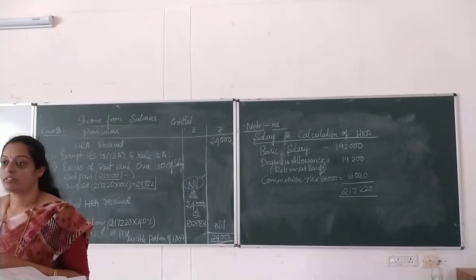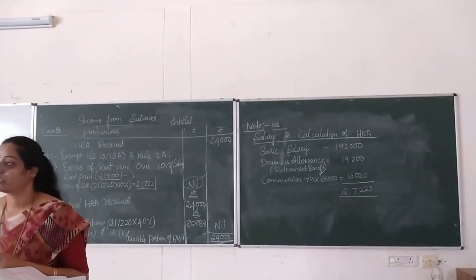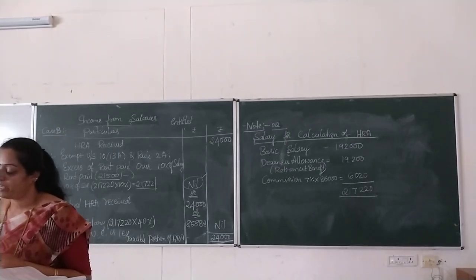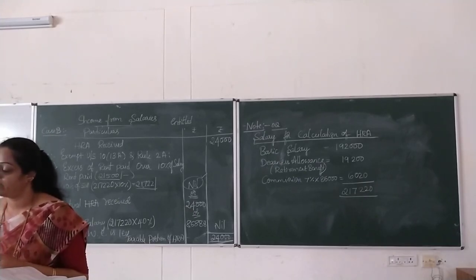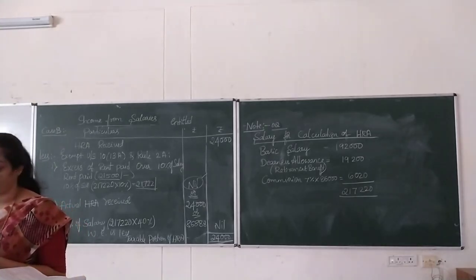Next line, bonus rupees 5,000. We should not take bonus; we should not consider it for HRA. Next point, DA pay 20% on basic salary.